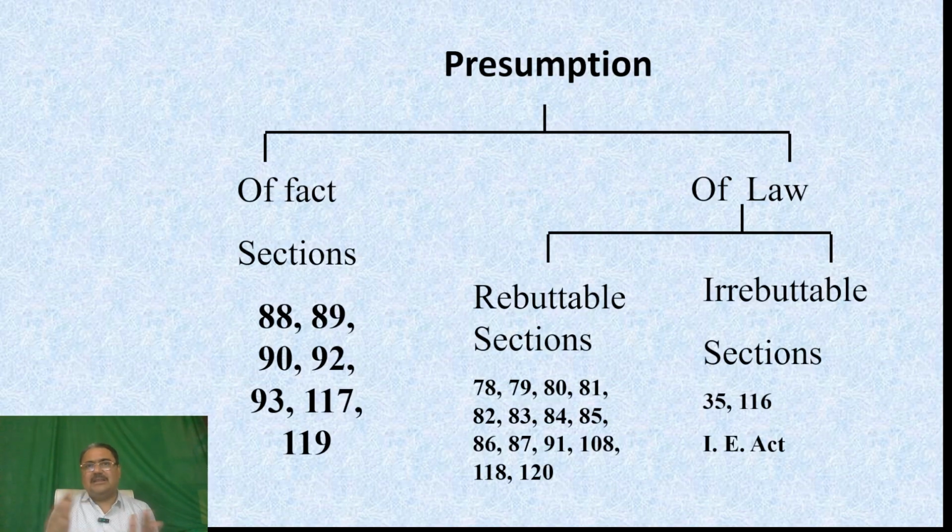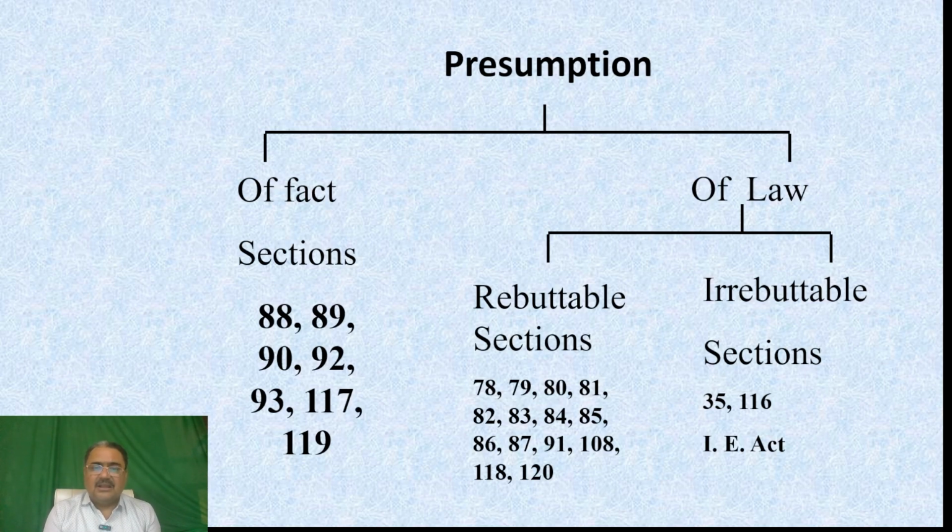Accordingly, when we look at the Bharatiya Sakshya Adhiniyam, particularly the issue of presumption, broadly presumptions can be divided into two categories. One we call presumption of fact, also a natural presumption. On the other side we have presumption of law, the artificial presumption. This presumption of law is again divided into two categories: rebuttable presumptions and irrebuttable presumptions.